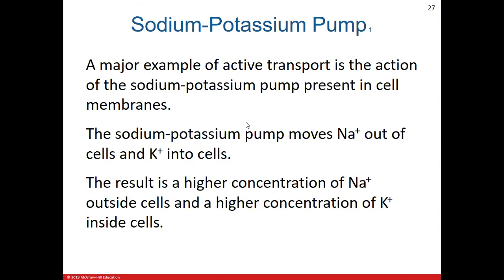This mechanism uses active transport to pump out, or to move, sodium ions out of the cells. That's against the concentration gradient. And so it's trying to move sodium ions out and potassium ions are allowed to come in. And so that results in a change in the concentration gradient, which will allow for a particular type of gradient across that membrane.